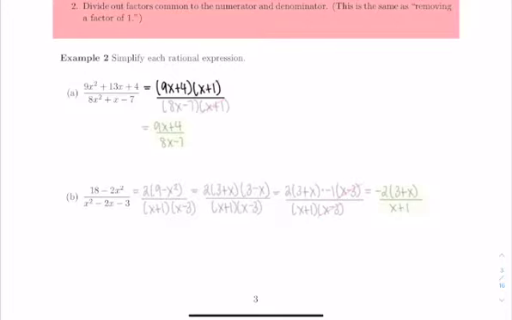And the denominator is going to factor as 8x minus 7 times x plus 1. Well, what we have in common on the top and bottom is x plus 1. So we can go ahead and just get rid of those because they're just going to equal 1. And so we end up getting 9x plus 4 over 8x minus 7 as our final answer.